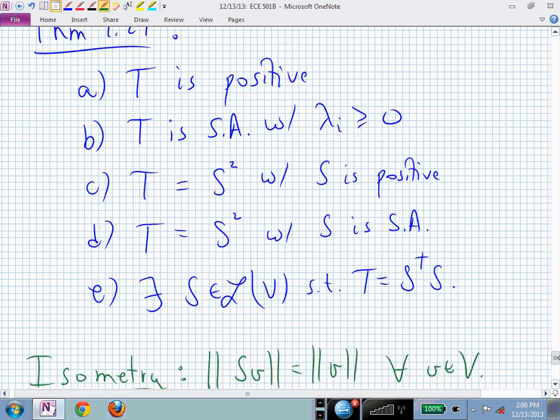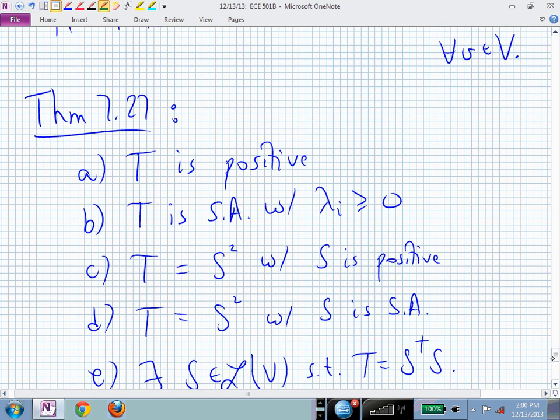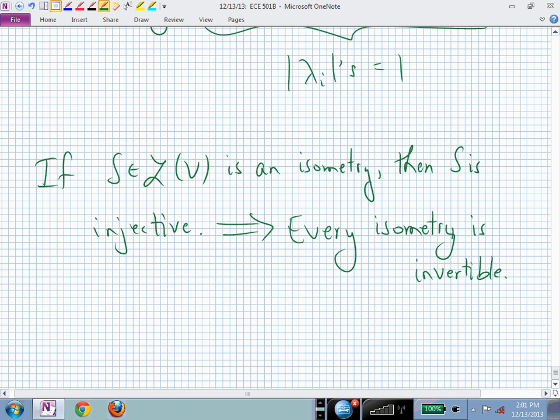Just like theorem 7.27 gave us all these different ways of thinking about positive linear maps, there was a similar theorem for isometry relationships, or relationships between isometries and their adjoints. And that was theorem 7.36. And I think that had, I don't know, J or something.